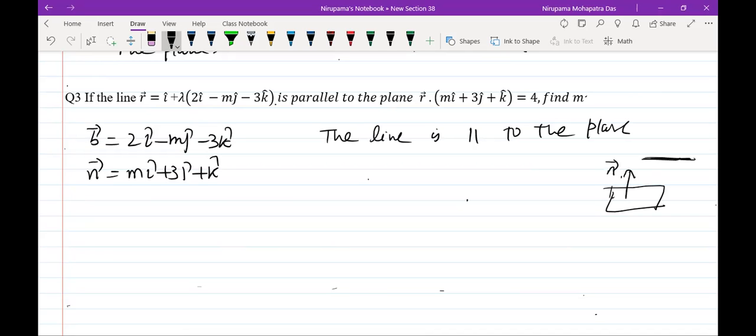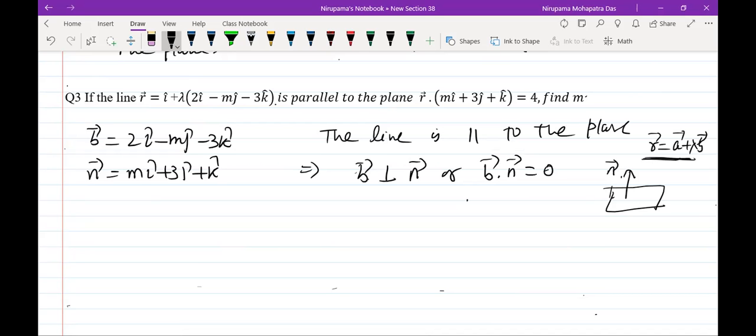This line I may write as r equal to a plus lambda b. So clearly b is perpendicular to n, or directly you can write b dot n equal to 0, right? If two vectors are perpendicular, their dot product is 0.